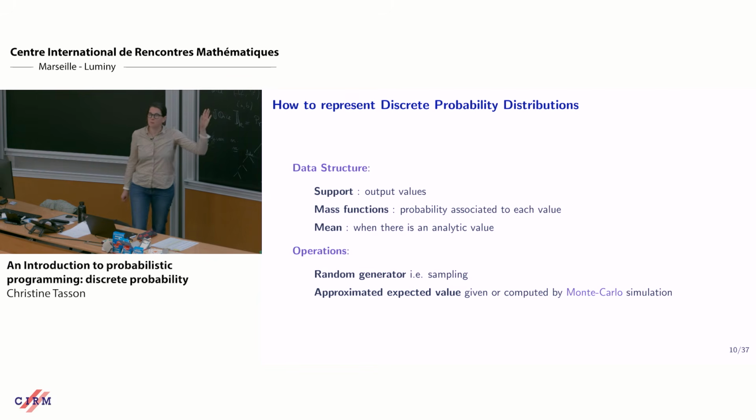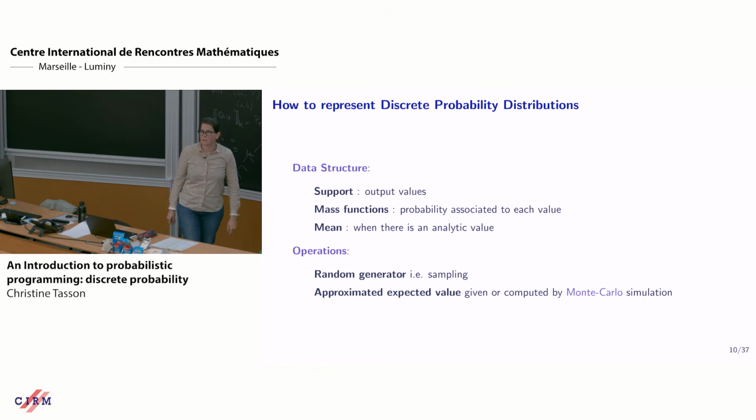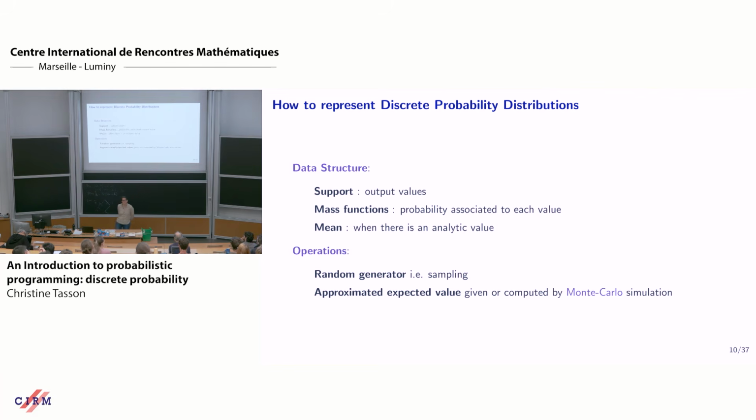Right. Now we know what theoretically is a random variable. How can I represent it in a probabilistic program? I first need to know what is the support, so what are the output values, because I will sample in that, and I often need the support.